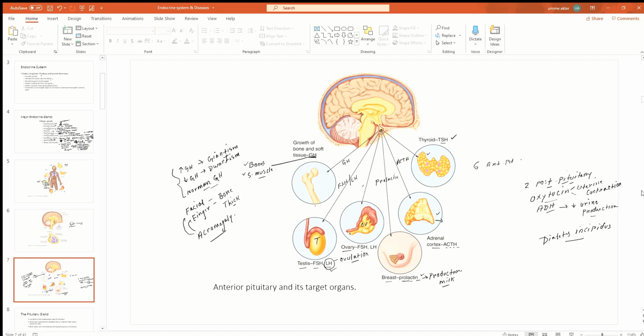In diabetes insipidus, the patient produces plenty of urine, urinates a lot. So the volume of urine increases.